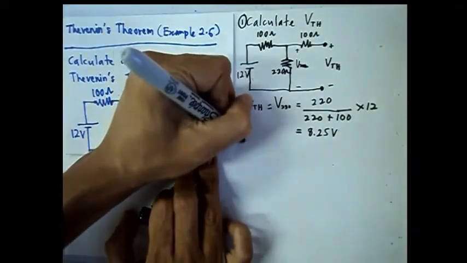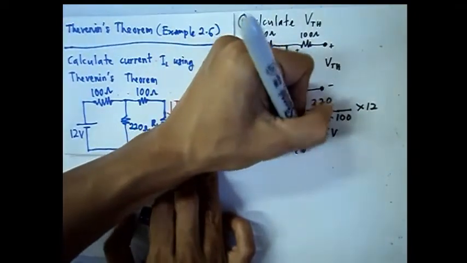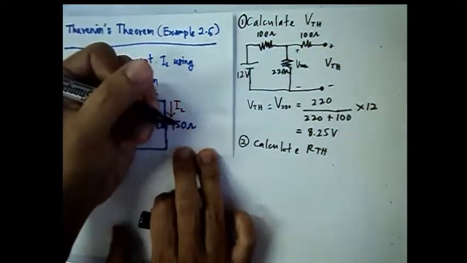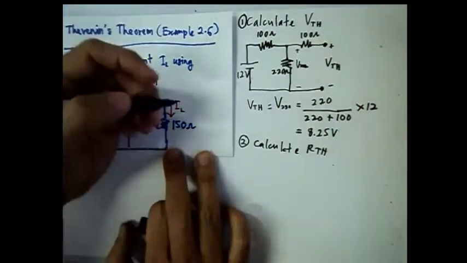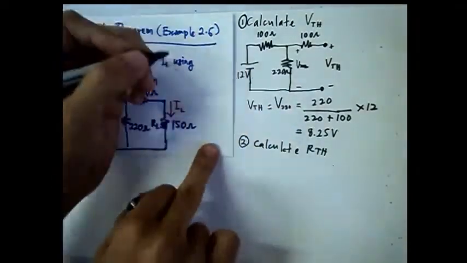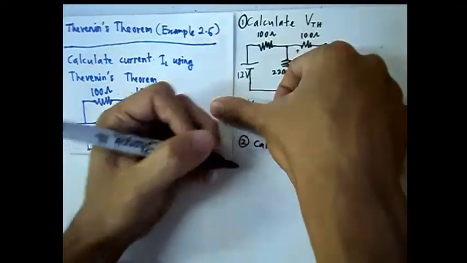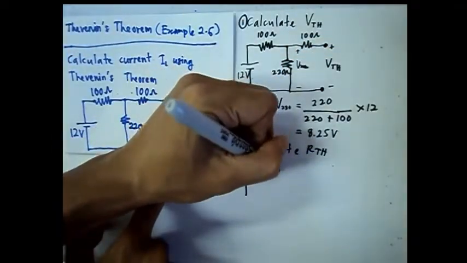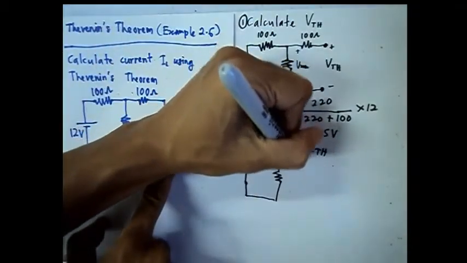Now we go to another step, calculate RTH. RTH is the Thevenin resistance. Same as above, we have to draw back the circuit. Now we remove the 12 volt supply and replace it with a short wire, and this point is still open.